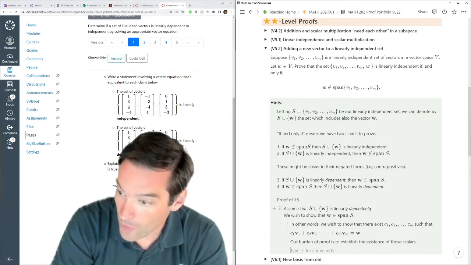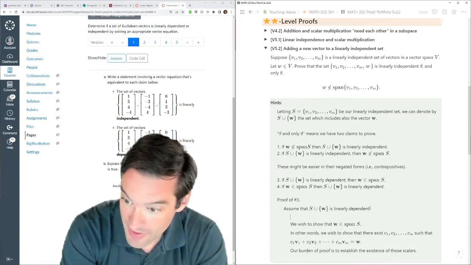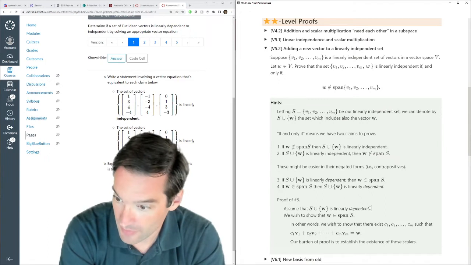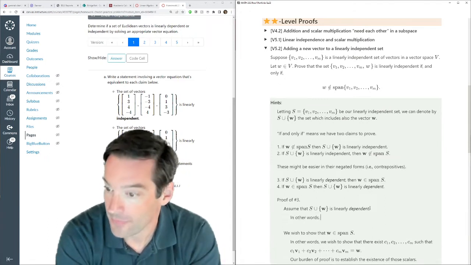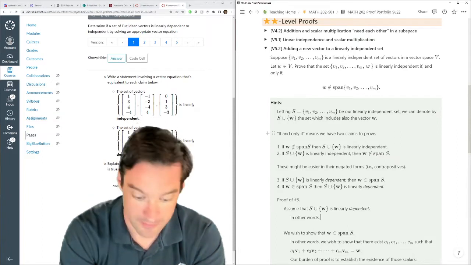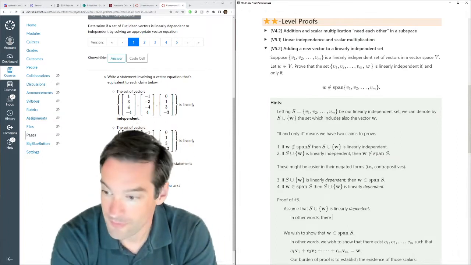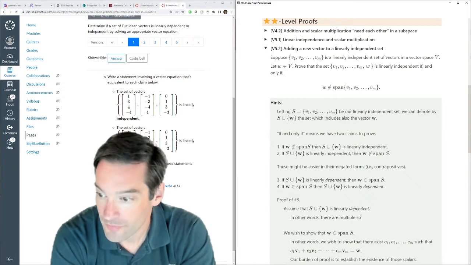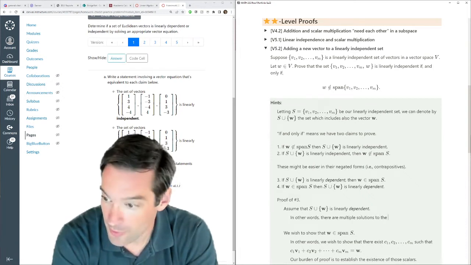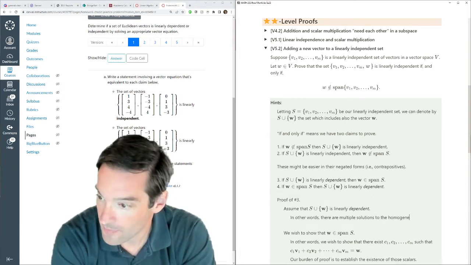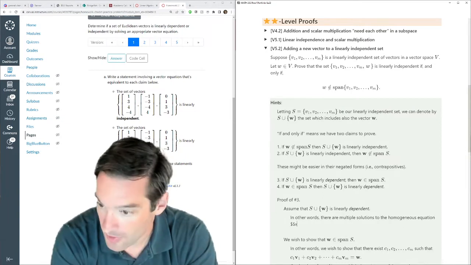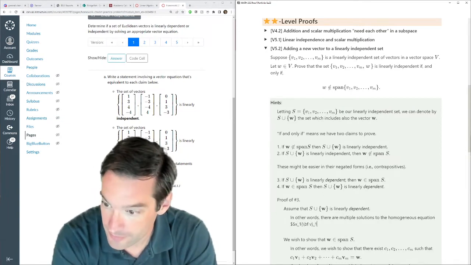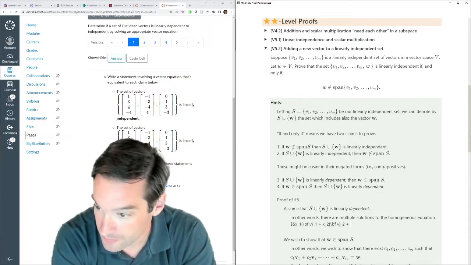So what is the definition of linear dependence? There are multiple solutions to the homogeneous equation, and namely the homogeneous equation is, I'm going to call it, x1 v1 plus x2 v2 plus, and so on.